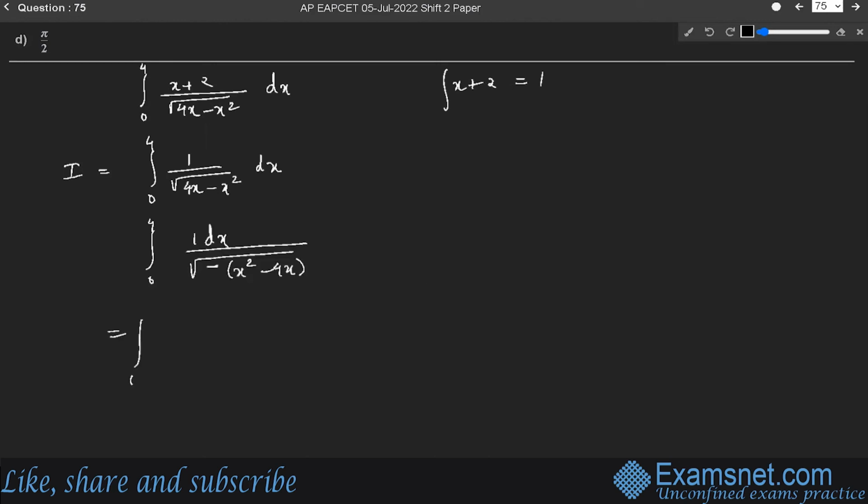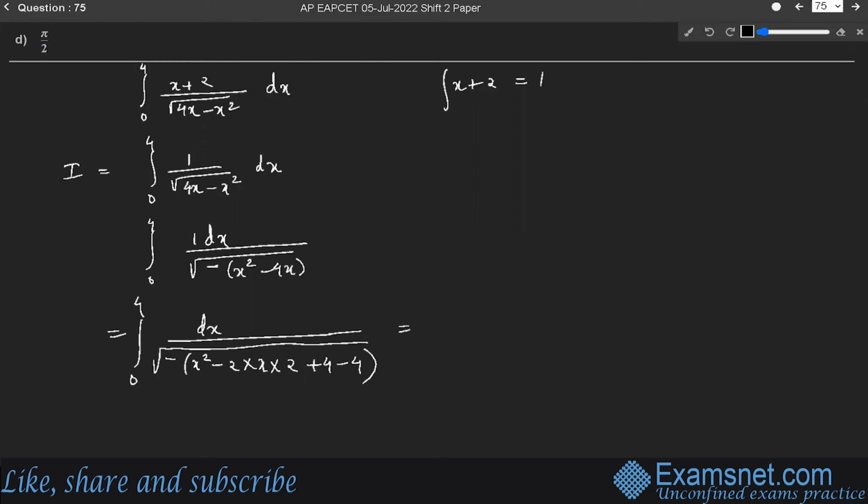So it will be equal to the integral from 0 to 4 of dx upon minus of under root of x square minus 2 into x into 2 plus 4 and minus 4. We have added plus 4 and minus 4 just to make an identity here, which is a square minus b square.